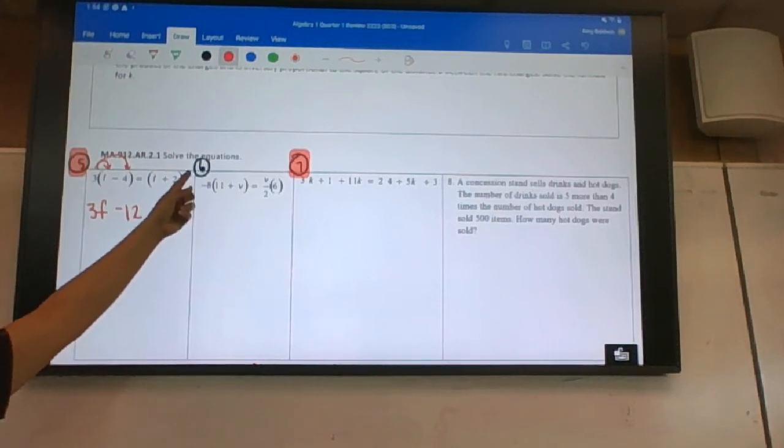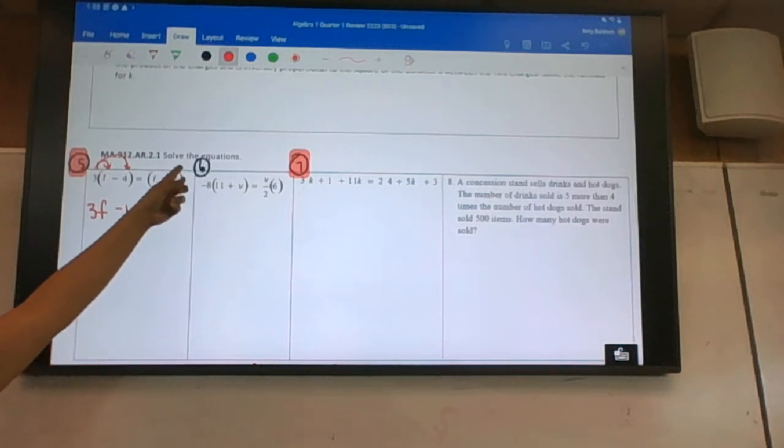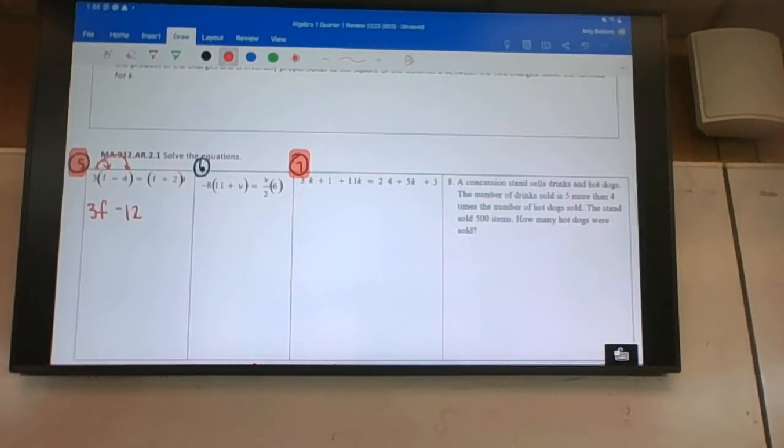Sometimes you distribute left, and that's what we're looking at here. We're going to multiply into the left side. So 9f plus 18.